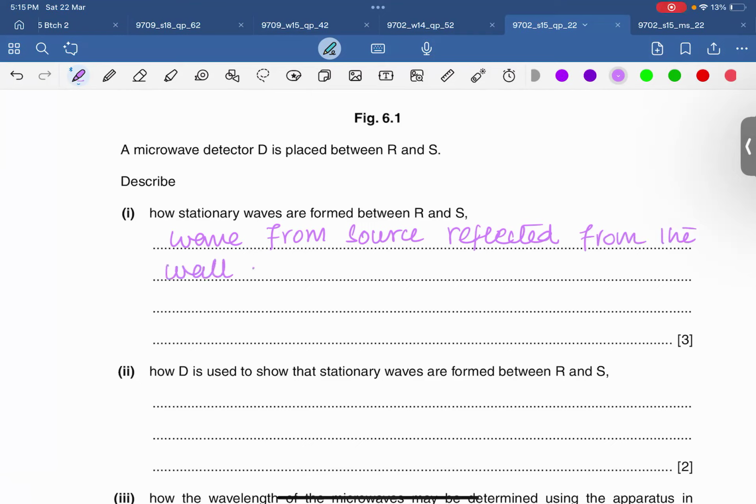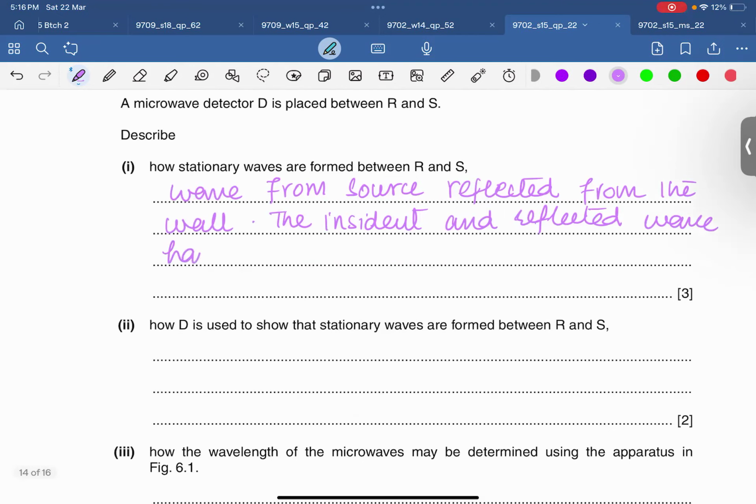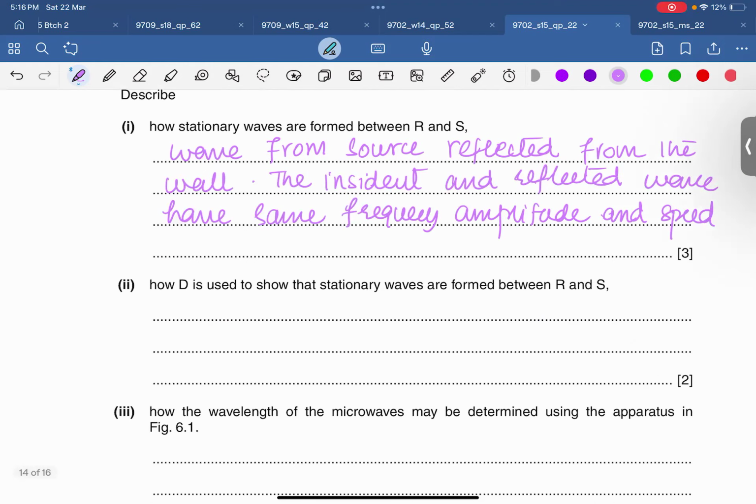The incident and reflected waves have the same frequency, amplitude, and speed. And you also include that they overlap.